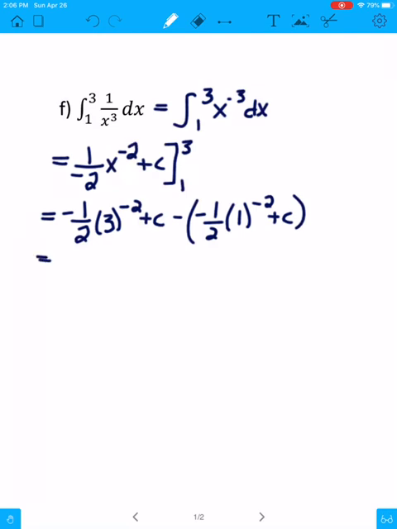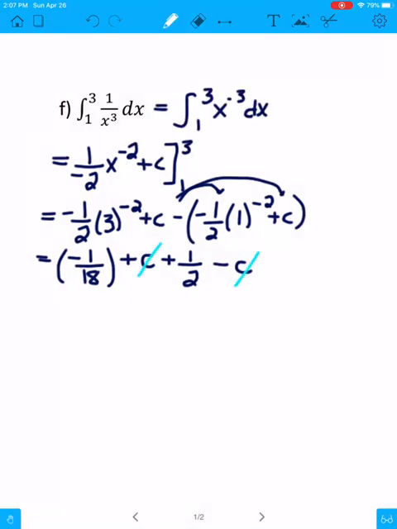So that's negative 1/2 times 1 over 9, which is negative 1 over 18, because 3 to the negative 2 is just 1 over 3 squared, which is 1 over 9, plus c, minus, and 1 to the negative 2 is just 1, times negative 1/2 is negative 1/2, times negative 1 is actually positive 1/2. And then we have to remember to distribute it to the c as well, so minus c.